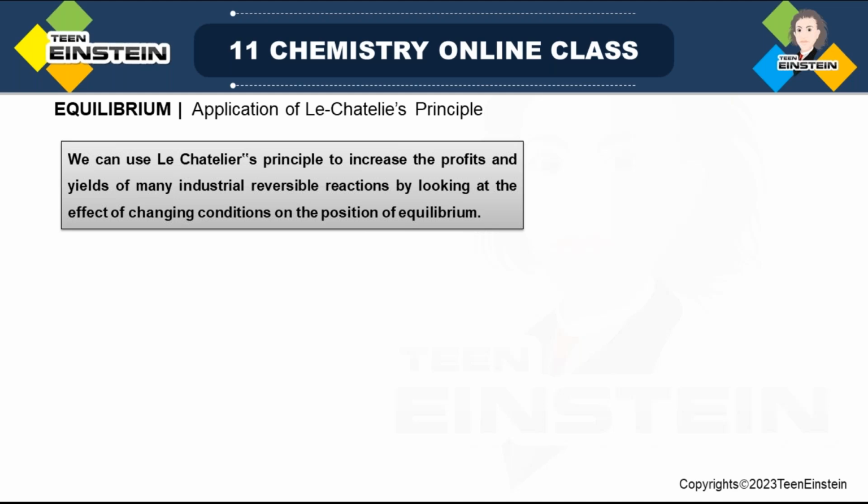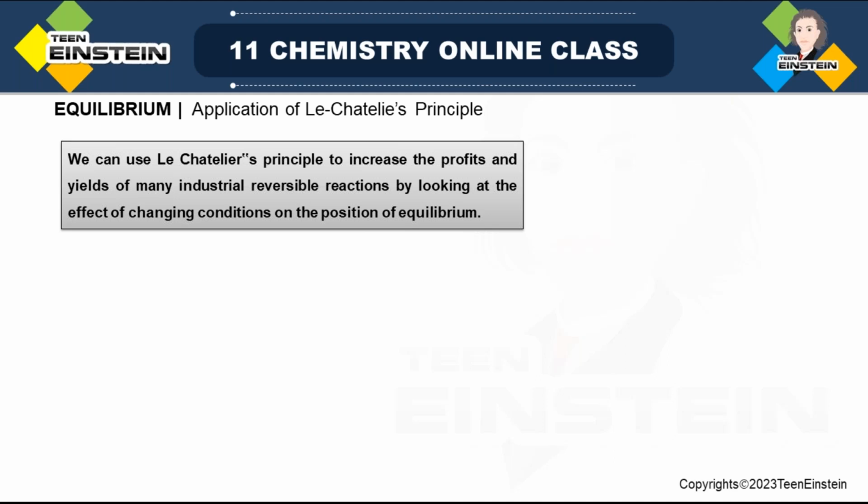Application of Le-Chatelier principle. As we said in the last class, when we started Le-Chatelier principle, it is important especially in industrial reactions where we manufacture any chemical on a large scale. So their profit is important.